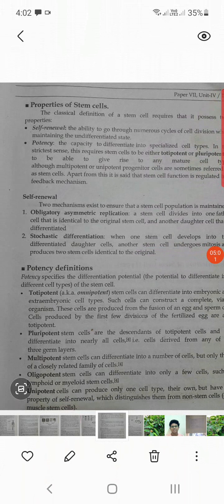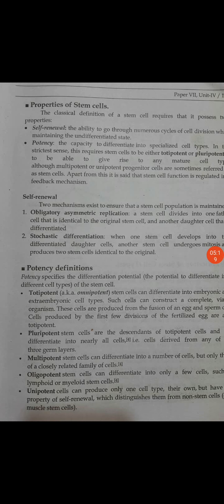Then potency definitions. Potency specifies the differentiation potential of the stem cell. Totipotent stem cells can differentiate into embryonic and extraembryonic cell types. Pluripotents are descendants of totipotent cells and can differentiate into nearly all cells in the future organ.